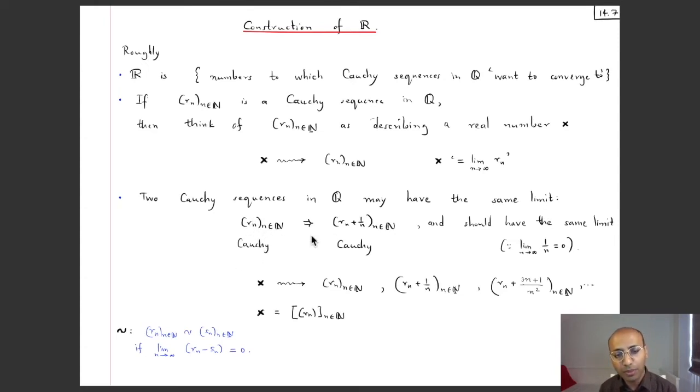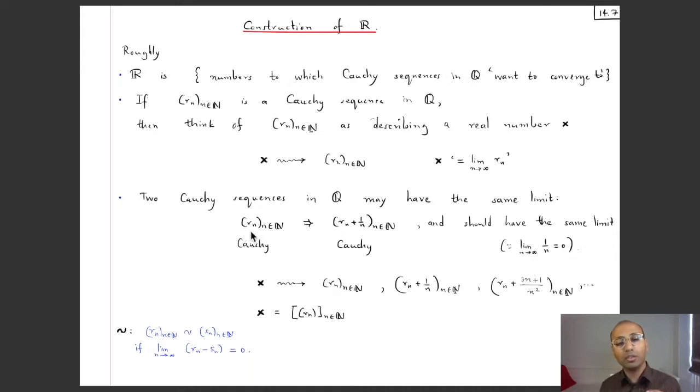For example, suppose that r_n is a Cauchy sequence in Q. If we perturb this r_n by a Cauchy sequence whose limit is 0, for example 1 by n, then it can be shown that this is also a Cauchy sequence, and the limit of this Cauchy sequence intuitively must be the same as the limit of this one, because the limit as n tends to infinity of 1 by n is equal to 0. Right?